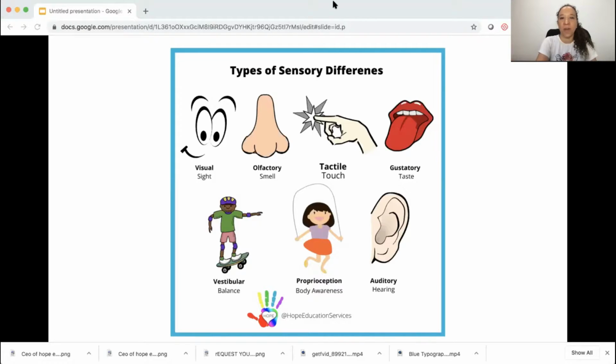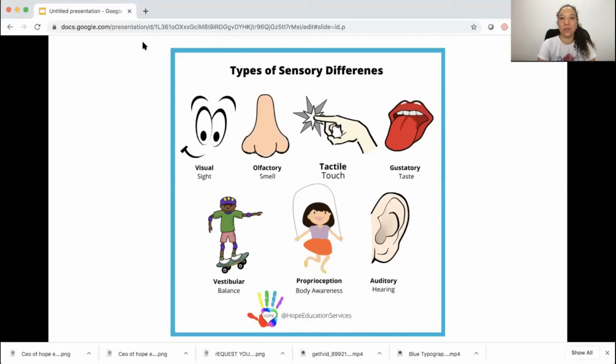So we know that there's main senses: visual, olfactory, which is smell, tactile, gustatory, vestibular, proprioception, and auditory. Now some of those probably sound familiar to you, right? Like the sense of sight, the sense of smell, the sense of touch, the sense of taste, the sense of hearing. But two of them probably are a little bit different: vestibular and proprioception.